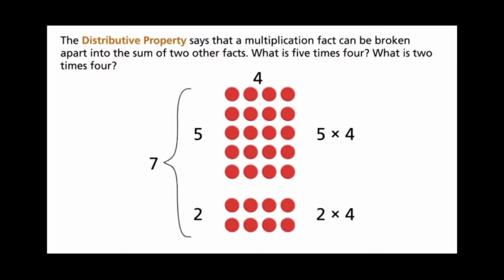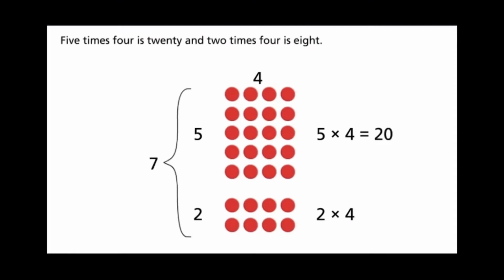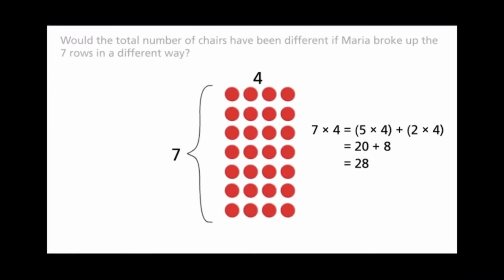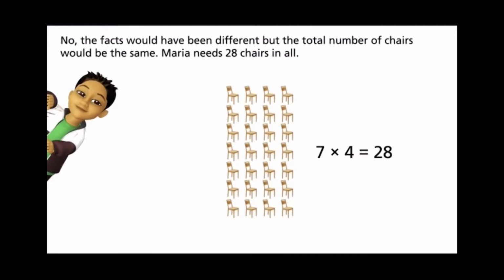What is 2 times 4? 5 times 4 is 20, and 2 times 4 is 8. 20 plus 8 is another way to find 7 times 4. So 7 times 4 equals 28. Would the total number of chairs have been different if Maria broke up the 7 rows in a different way? No, the facts would have been different, but the total number of chairs would be the same. Maria needs 28 chairs in all.